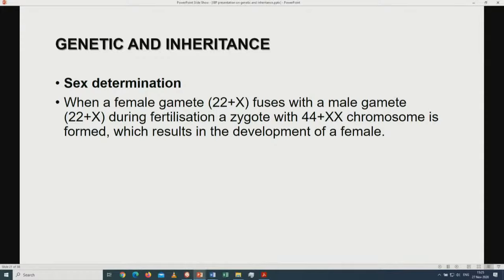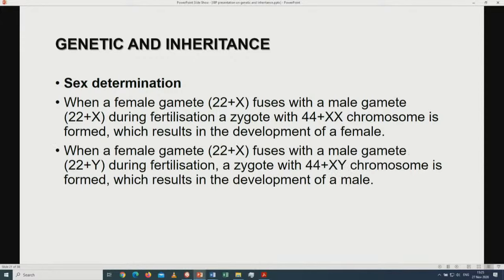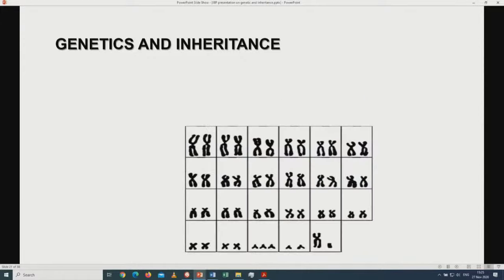Now, in sex determination, when a female gamete, which has 22 plus X, fuses with a male gamete with 22 plus X during fertilization, a zygote with 44 plus XX chromosomes is formed, and this results in the development of a female. When a female gamete 22 plus X fuses with a male gamete 22 plus Y during fertilization, a zygote of 44 plus XY chromosomes is formed, which results in the development of a male.